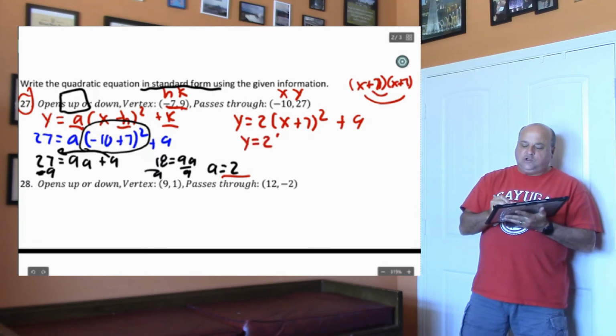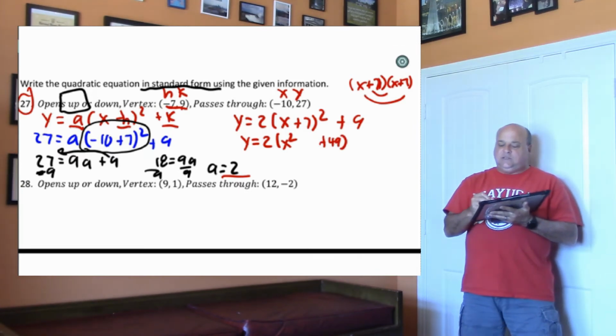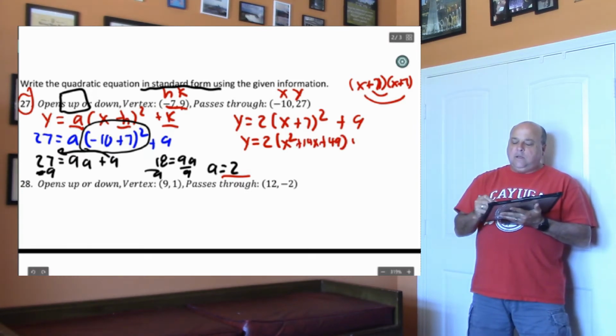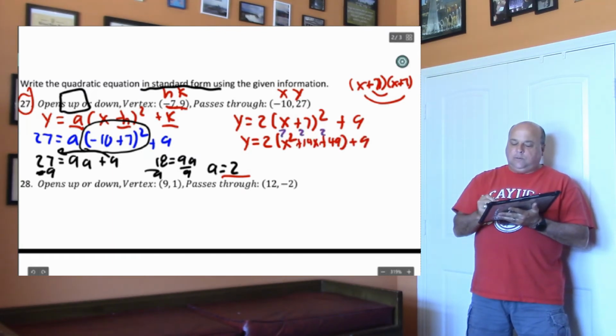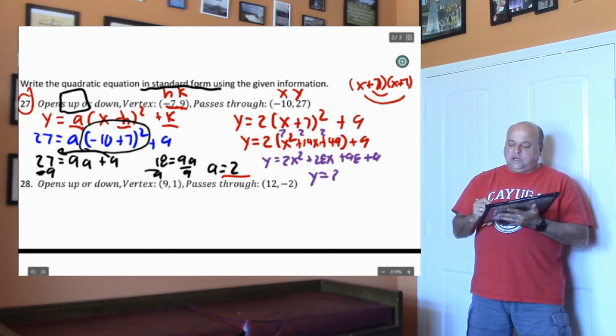So y equals 2 parentheses, square, square, multiply, double. x times x is x squared. Skip a spot, 7 times 7 is 49, and then 7 times x is 7x, double it, you get 14x, plus 9. Now you've got to distribute the 2. y equals 2x squared plus 28x plus 98 plus 9. And my final equation is y equals 2x squared plus 28x plus 107.